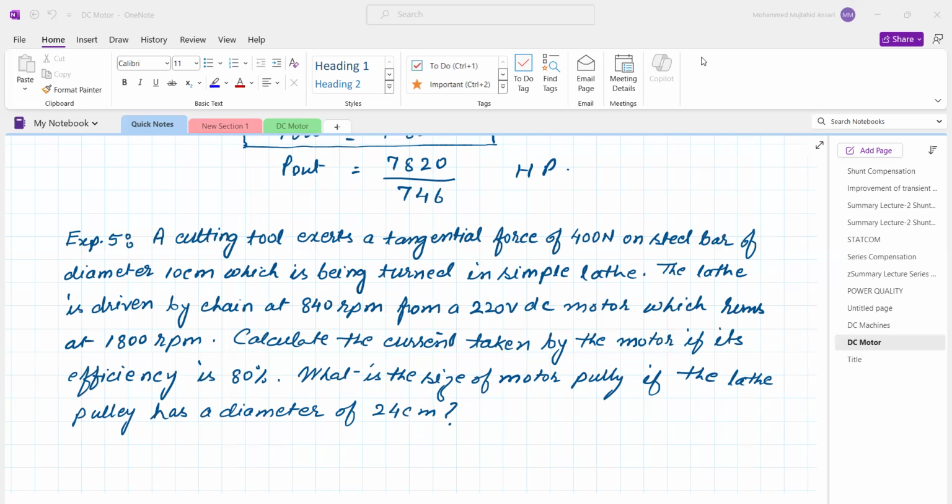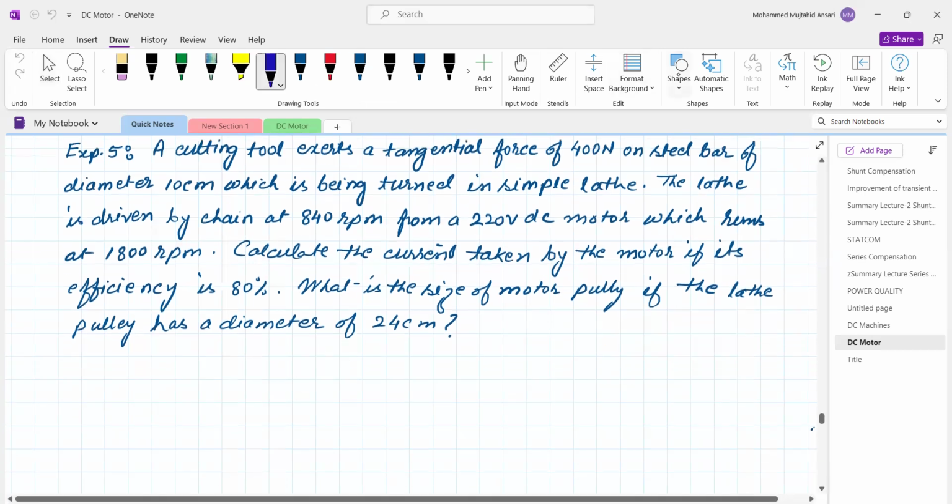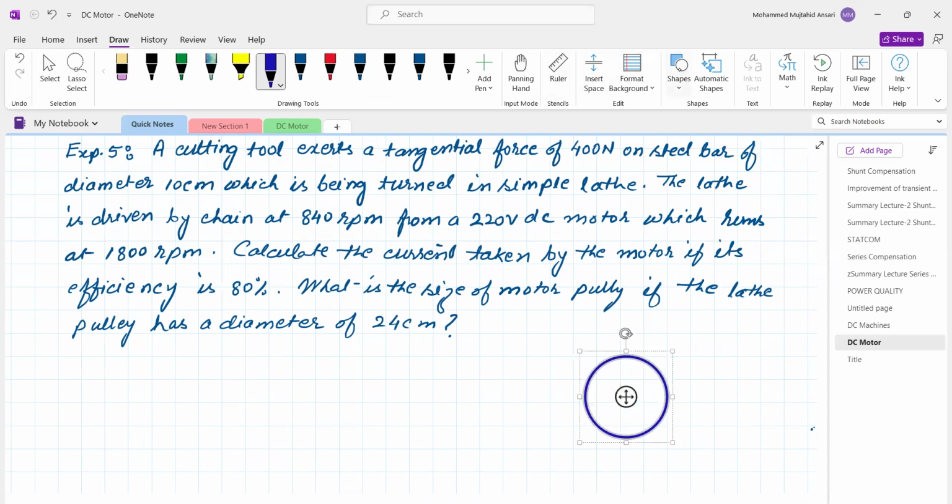Suppose this is the circular part, which exerts a tangential force.